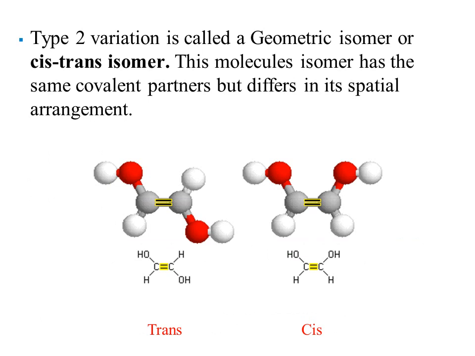Type 2 variation is called a geometric isomer or cis-trans isomer. This molecule's isomer has the same covalent partner, but it differs in its spatial arrangement. So if we look at this image below, we have the shaded portion. The shaded circles are carbons, and they are covalently linked together by a double bond.